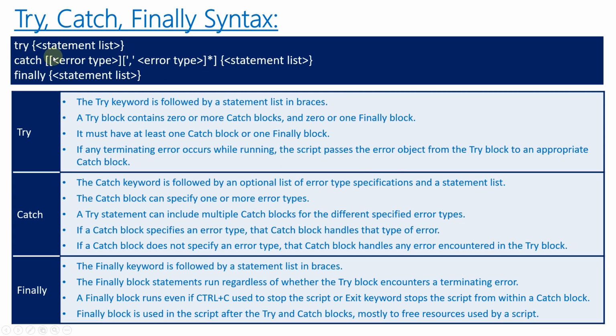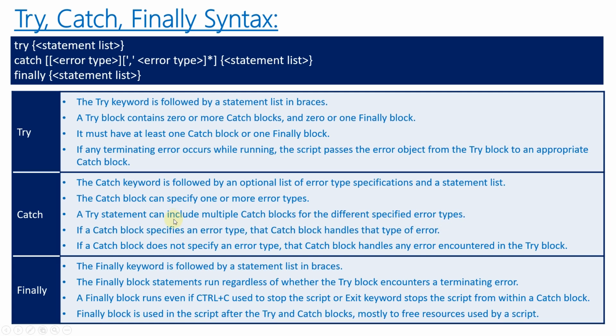Either we can write a single catch block for one error type, or within a single catch block we can write multiple error types, or we can write multiple catch blocks, each for one error type. Here you can see a try statement can include multiple catch blocks for different specified error types.